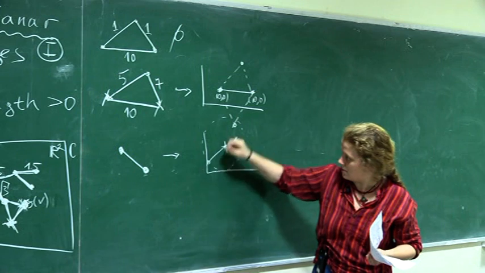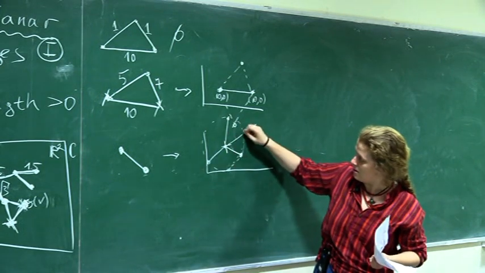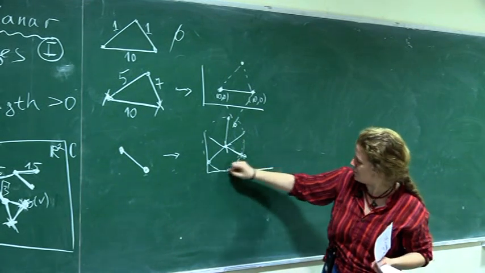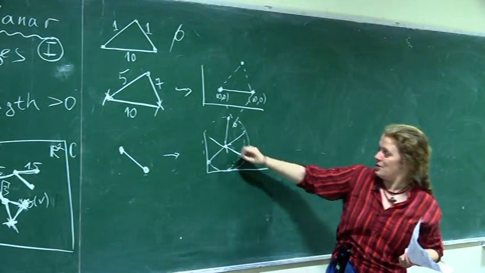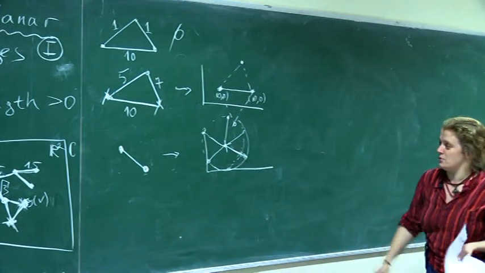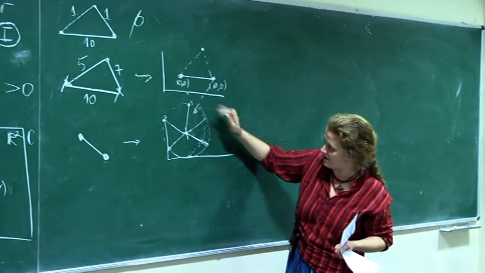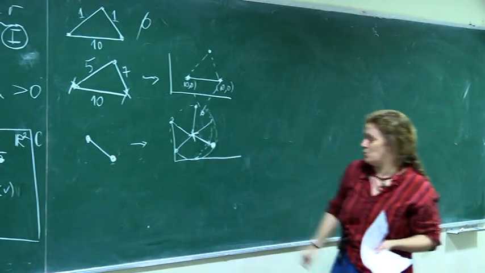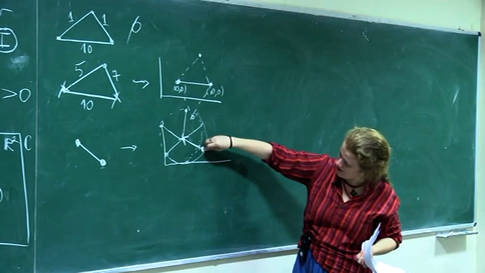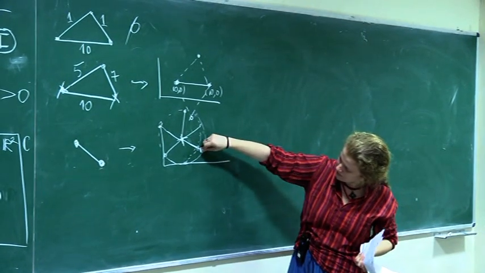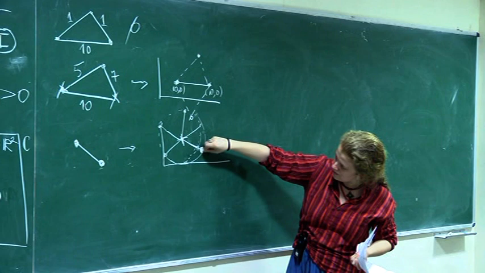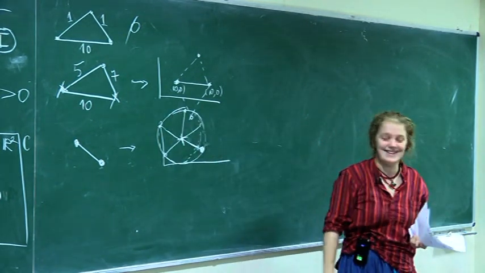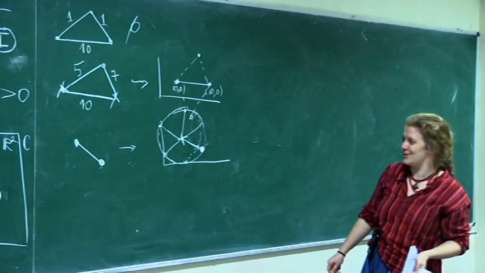All the possible configurations look like this. If we are interested in all possible positions of exactly this vertex, we will have a circle. You can use it as a compass. So this is a very simple linkage that can draw a circle. Good.